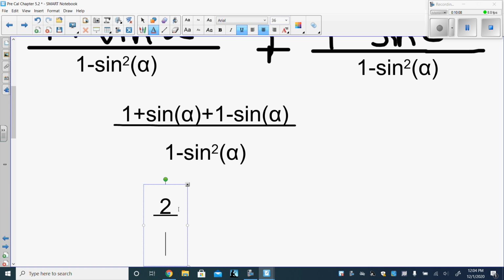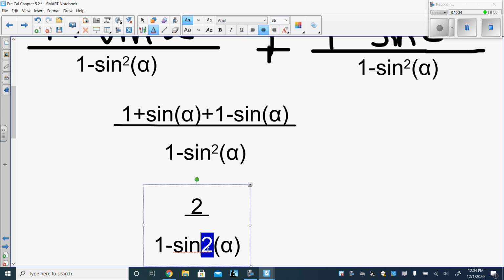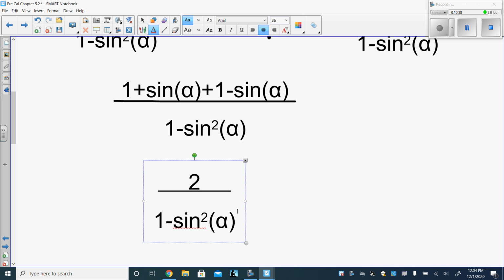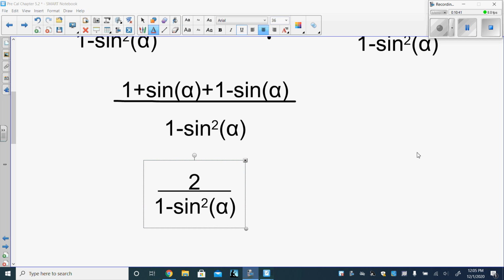Now in the denominator, we have 1 minus sine squared of alpha. Sorry, I was changing the spacing. So we get 2 over 1 minus sine squared of alpha.